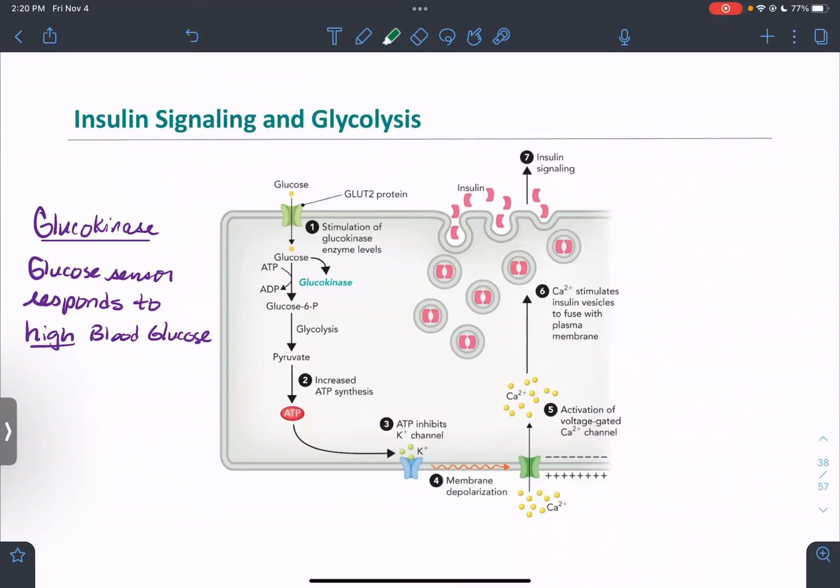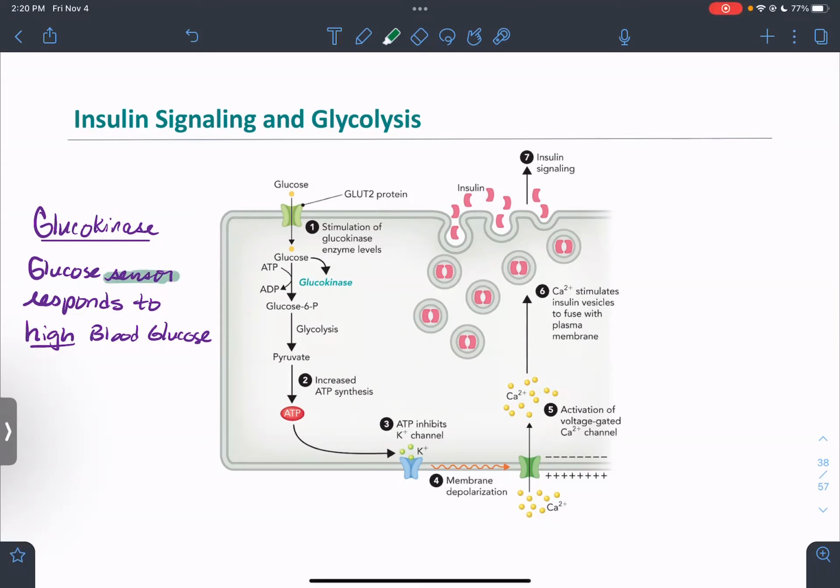All right, so remember last lecture, we were talking about how certain cells have certain enzymes that phosphorylate glucose, and that glucokinase is only in liver and pancreatic cells. And so the liver cells, we talked about making glycogen, but let's look at the pancreas. The pancreas is where we are going to make insulin. So how does that work? Remember that glucokinase is that glucose sensor, right?